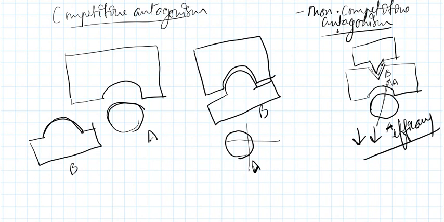Whereas in competitive antagonism, A has been completely terminated from binding, because there is only one site and the site is being occupied by B. So what should A do? Now A should increase its dose.